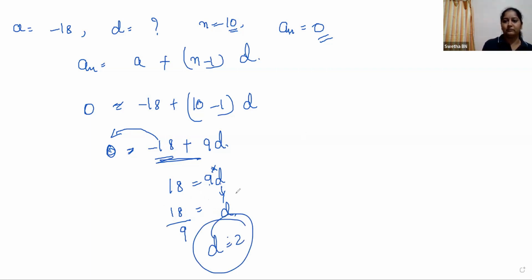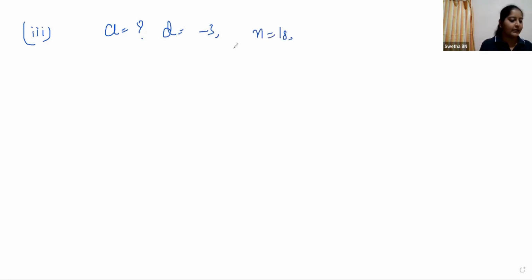Next question. It is given in the table, children. A is not given, you have to find it. D is equal to minus 3. Tell me what is A. N is equal to 18, AN is equal to minus 5.